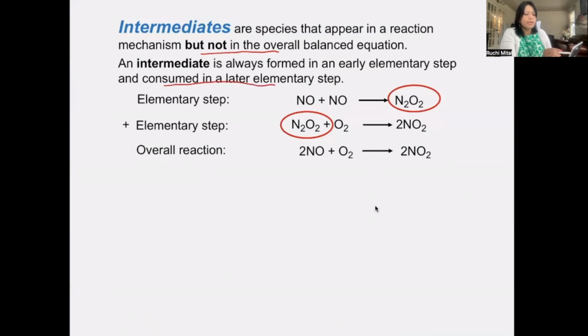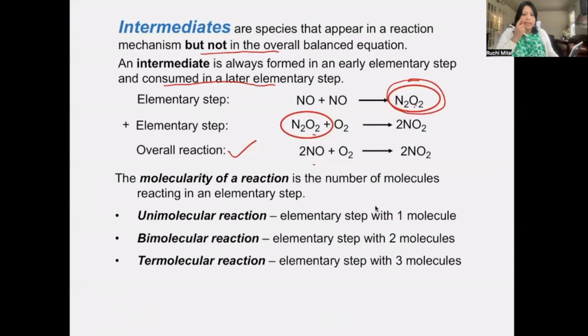So if you look at your elementary steps, and there is a molecule that is in your products in one step, but then it is in your reactants in the next, and you do not see it in the overall reaction, then we would say that this is your intermediate. An intermediate is something that is present in one step but consumed in another step, and you will not see it in your overall reaction. That is how you'll be able to identify your intermediate.